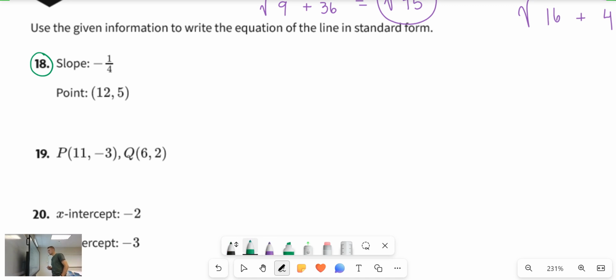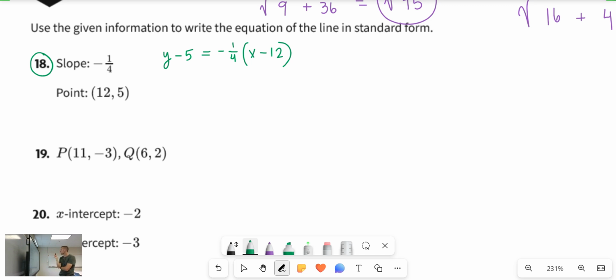Let's do that. Let's use green. So if we wrote in point-slope form, that would be y minus our y value, which is 5, y minus 5, equals our slope, -1/4, x minus the x value we are given, which is 12.